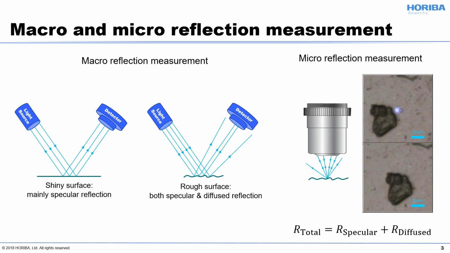But on the bottom one, the spot is focused on the scattering surface. Because the reflection has very strong scattering, we can barely see the spot size.